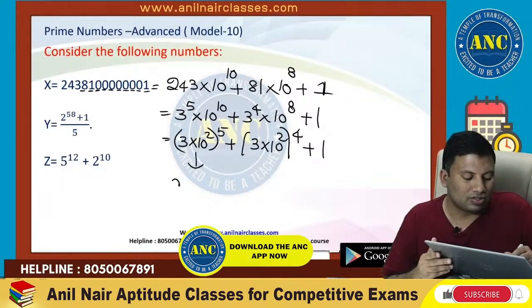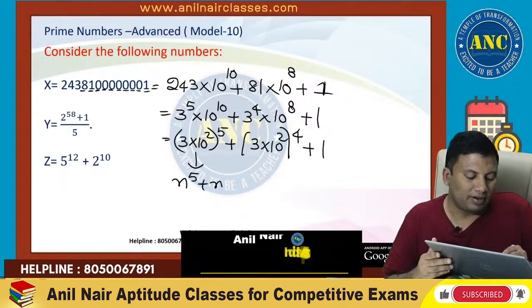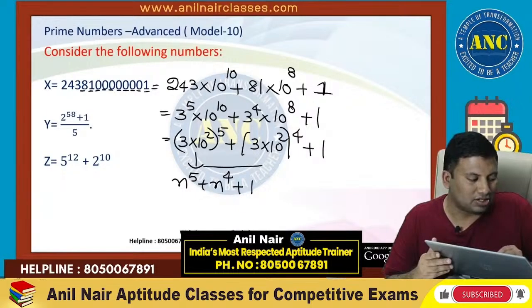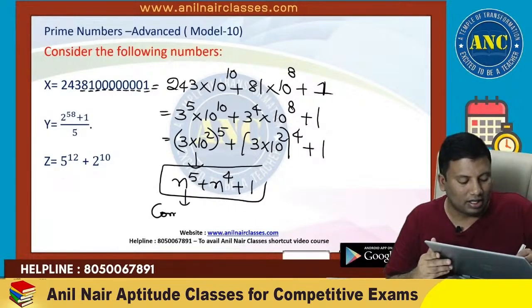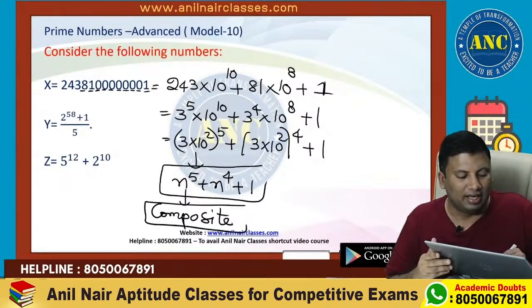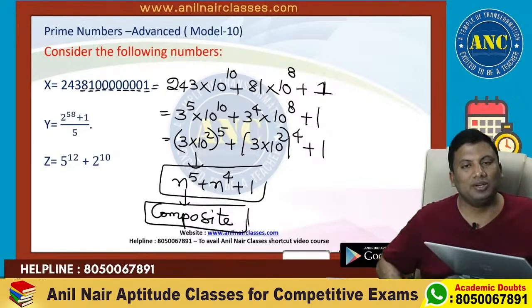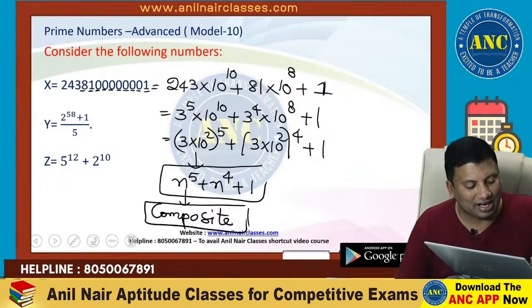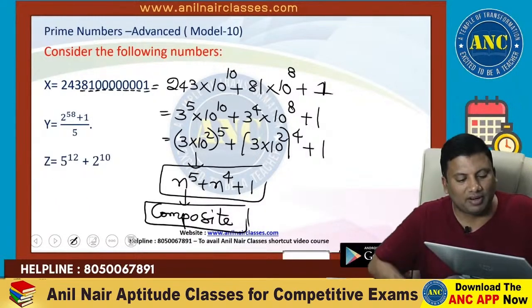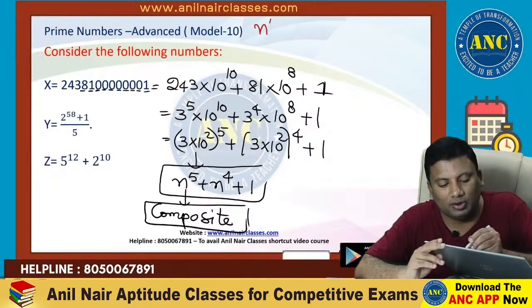Here 3 into 10 square is n, so it is n power 5 plus n power 4 plus 1, and the number is always composite. See how beautifully larger numbers can be used to find out whether they are composite or prime. New logic.